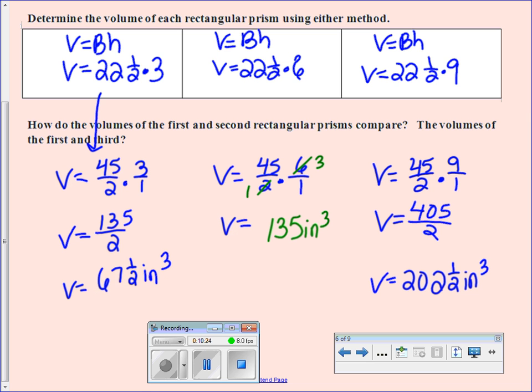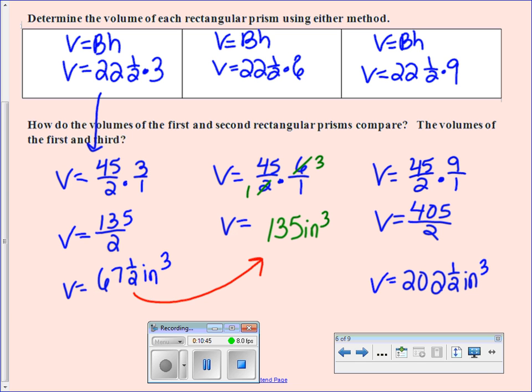I just fixed the multiplication on the last one. So now we have our 3 sets of volumes. But let's pause a minute and look at the relationship between these 3 rectangular prisms. What do you notice about this volume to that volume?